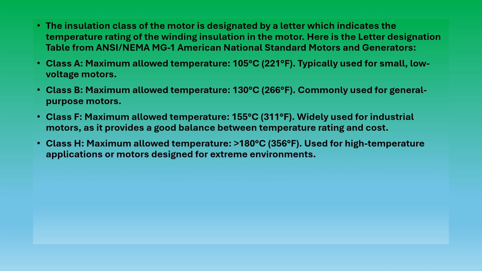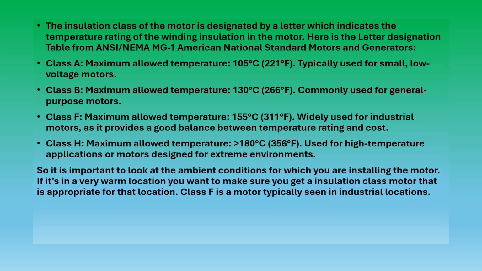Class H, maximum allowed temperature is 180 C or 356 F, used for high temperature application or motors designed for extreme environments. So it is important to look at the ambient conditions for which you're installing the motor. If it is a very warm location, you may want to make sure you get an insulation class motor that is appropriate for that location.